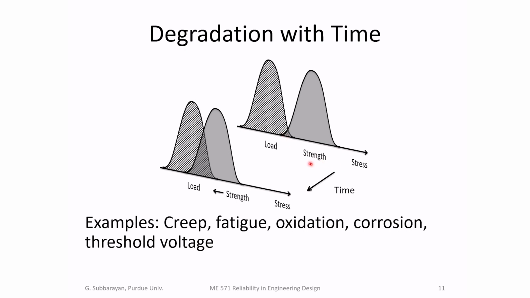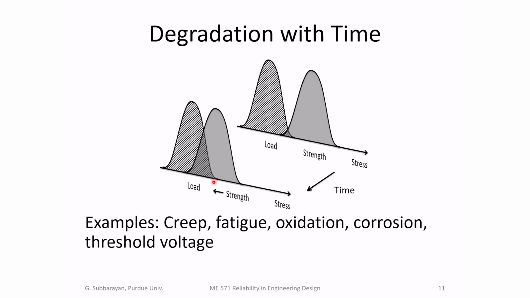But the strength usually degrades with time, and examples of such degradation include creep, fatigue, oxidation, corrosion, etc. These are all thermodynamically driven phenomena that cause strength degradation, and as a result, the population that's at risk increases with time.